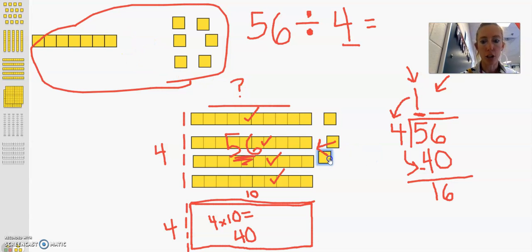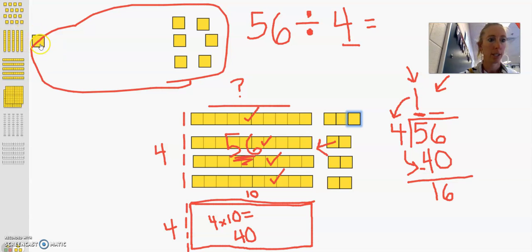So are they each just going to get $1 more? No, because I have more. Are they each going to get $2 more? Let's see, is that all that I have? They each get $2 more. No, there's more left. Okay, they each get $3 more. Is that going to be true?